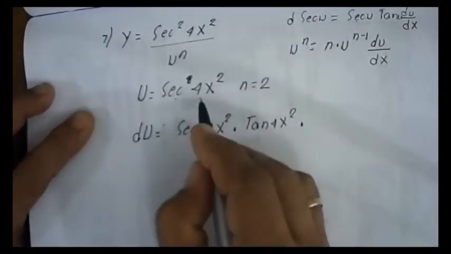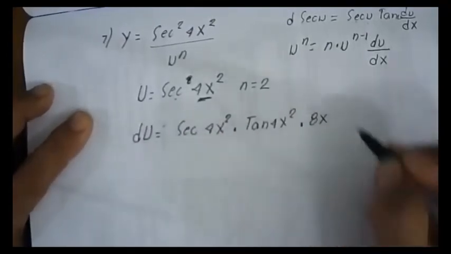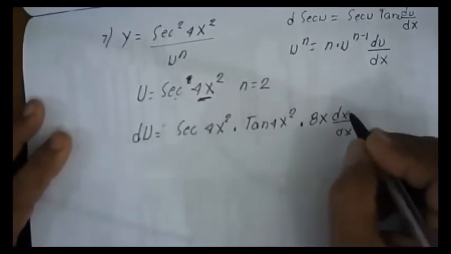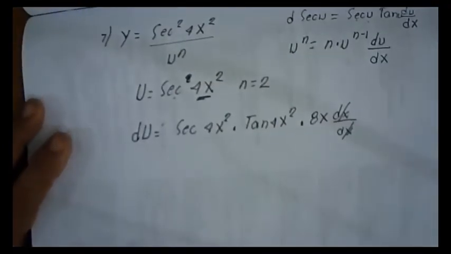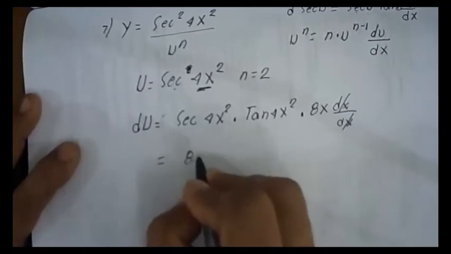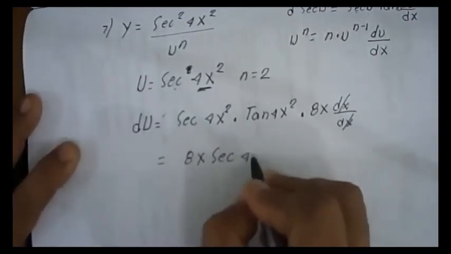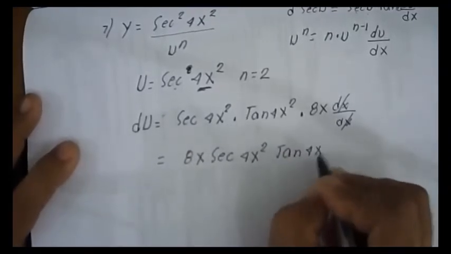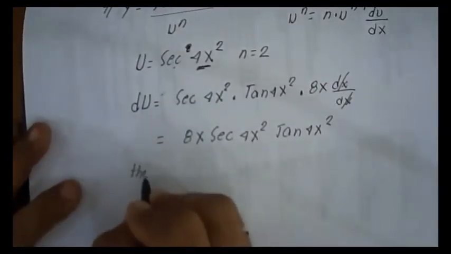Derivative ng u natin, we have 8x dx all over dx. So, itong dalawa, mag-cancel. So, simplify, magiging 8x, then secant 4x squared tangent 4x squared.